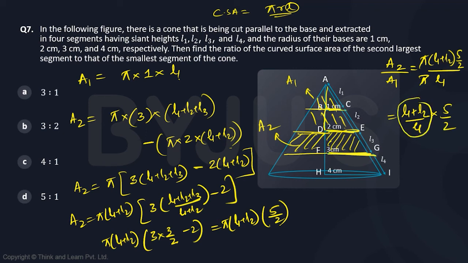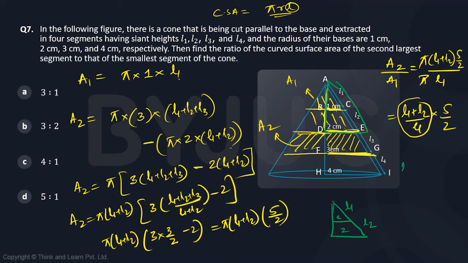Now this again you can get by looking at the triangle. I'll change the color so that you can follow. Look at this triangle here. If I draw this triangle and one more small line here, this is my L1, this is my L2, this is 1, this is 2. Here again these two triangles are similar.